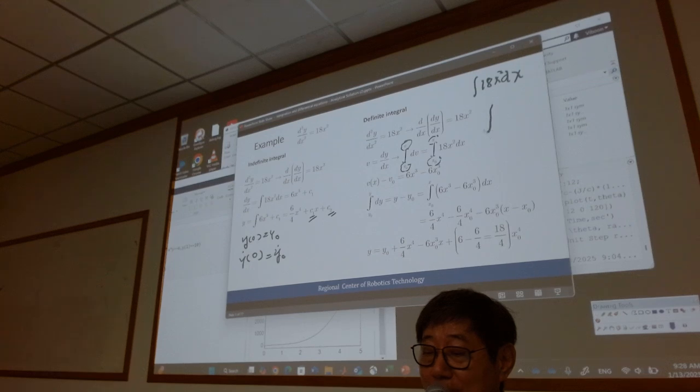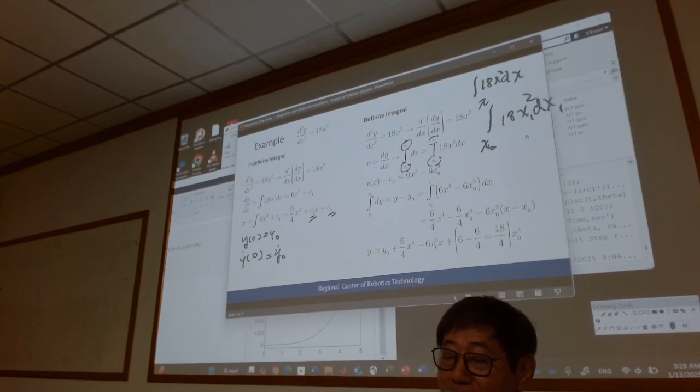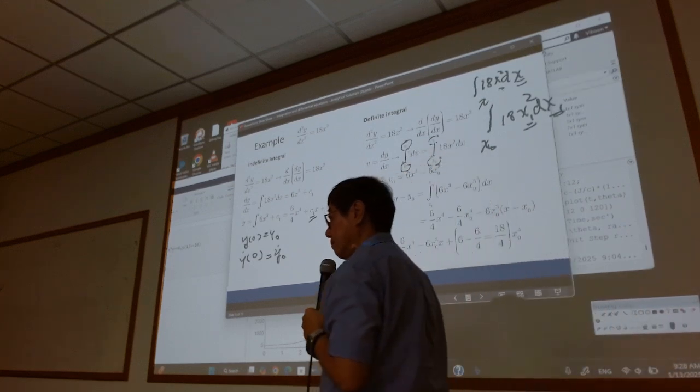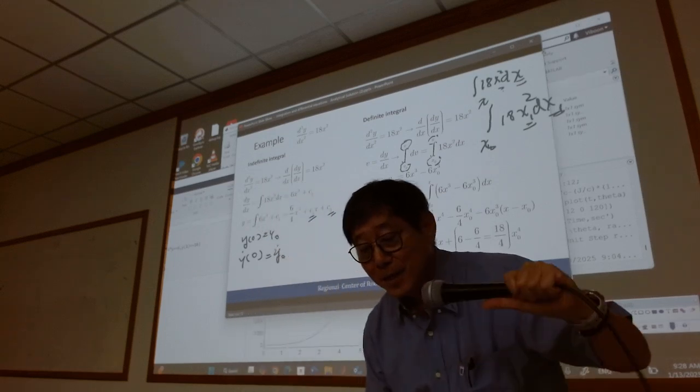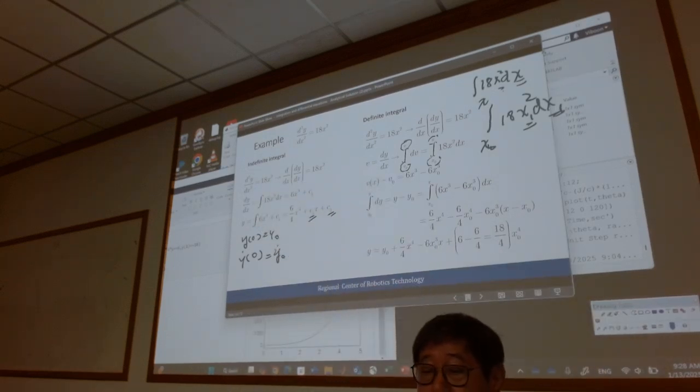To be correct, if you integrate from x0 to x, sometimes you have to change to another variable, let's say x1, dx1. This is called a dummy variable. Because if you write x0 to x and use x inside as well, that's not correct. You write x1 dx1, changing to a dummy variable.